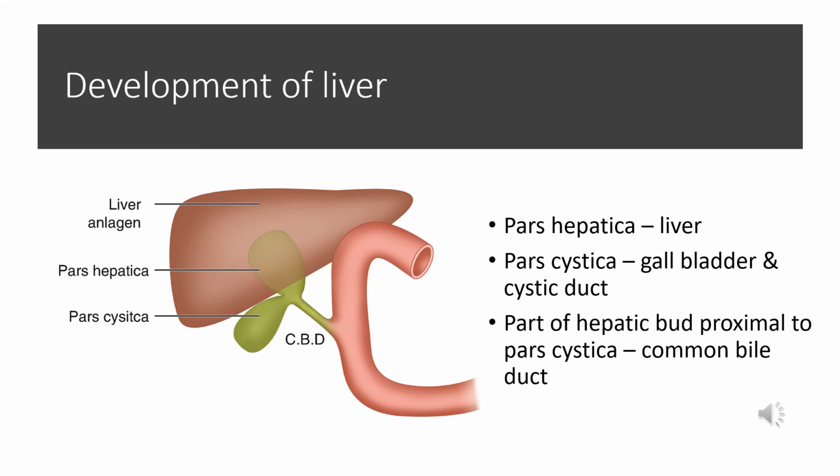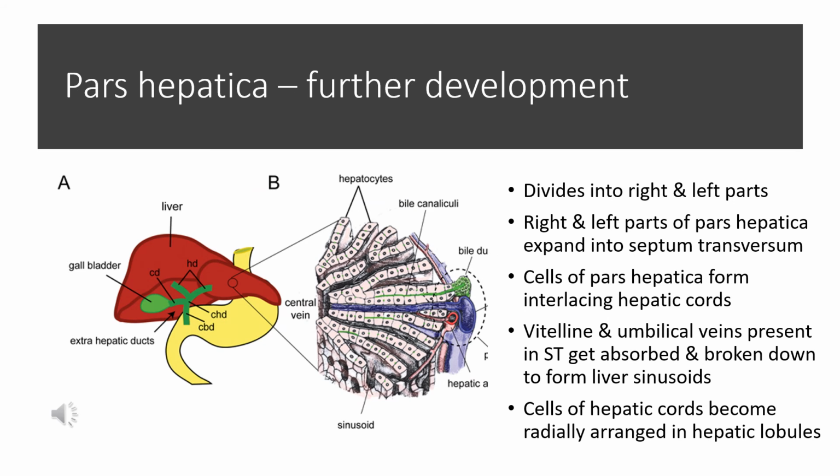As the name suggests, the pars hepatica grows into the liver, whereas the pars cystica forms the gallbladder and the cystic duct. The part of the hepatic bud that is lying proximal to the pars cystica later on forms the common bile duct. The pars hepatica forms the liver, and the pars cystica forms the gallbladder and the cystic duct. We will see about the further development of the pars hepatica.